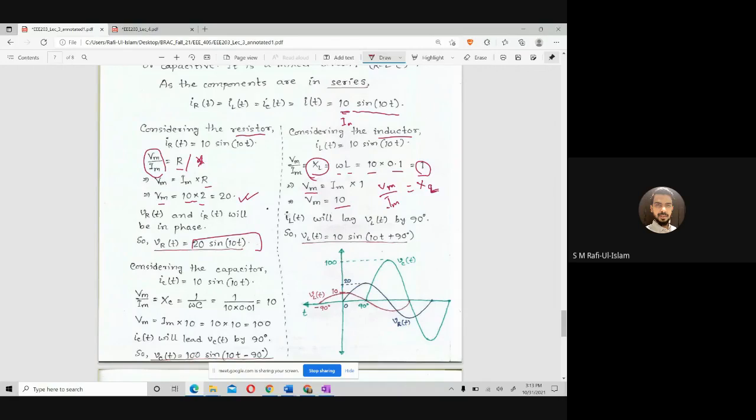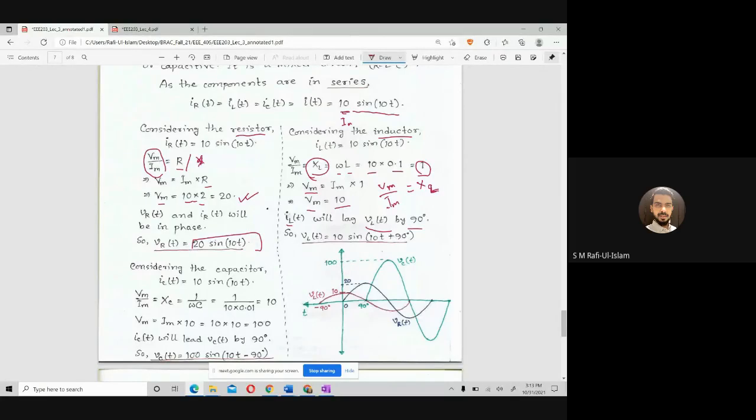We took the current as the reference, so the current will lag the voltage by 90 degrees, but my target is to find the voltage expression. That means the voltage will lead the current by 90 degrees. It's true, right?